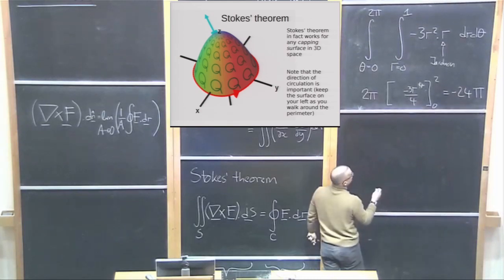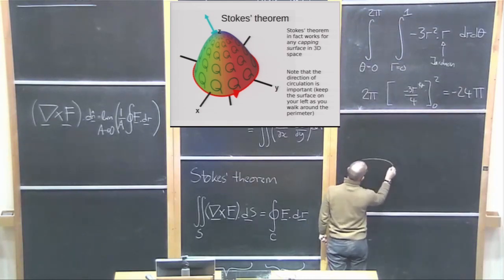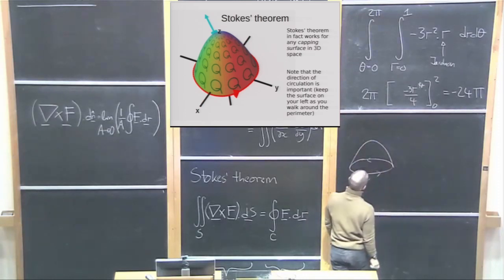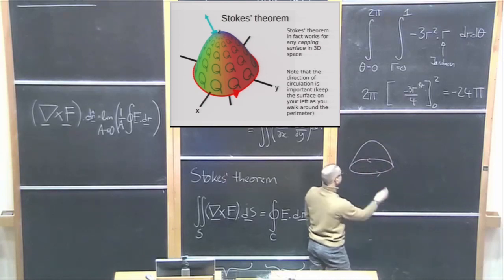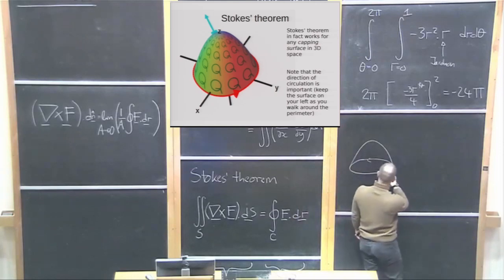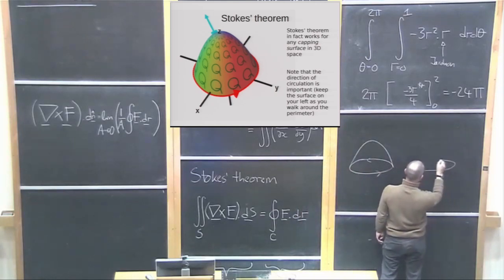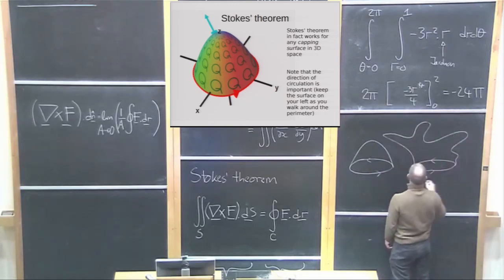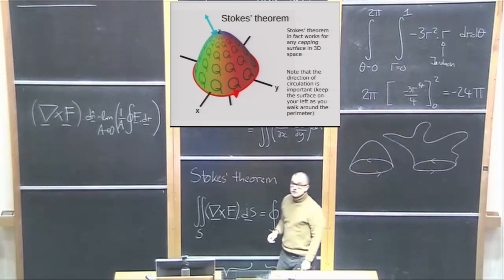But the great thing about this is that I have this boundary here, around which I walk. This is the relatively straightforward shape I have here, and I know that the surface integral of the curl on this shape is equal to the line integral around here. But if I perfectly reproduce that boundary here, and then, as you've seen me do before, draw some random shape here, it's the same, okay?